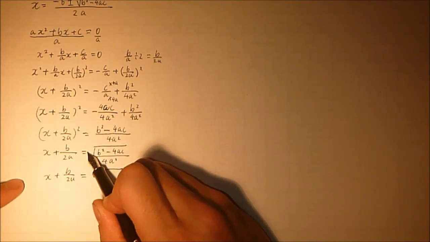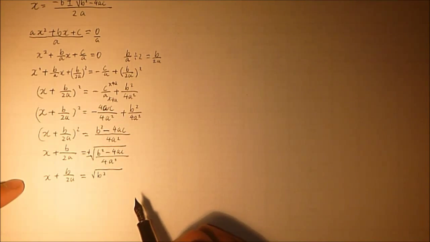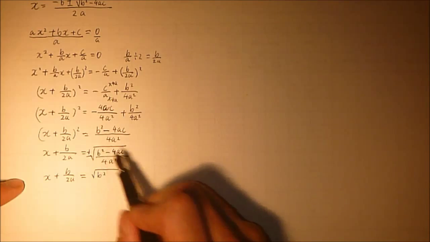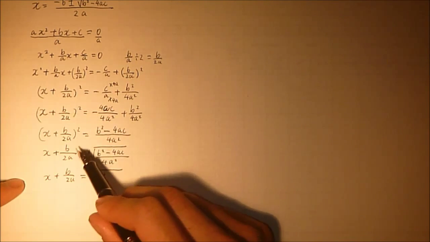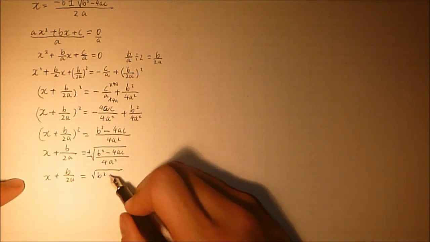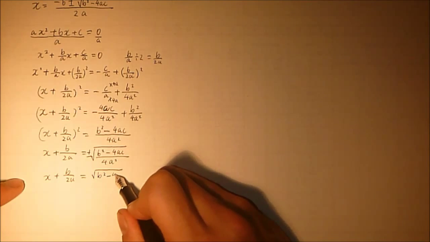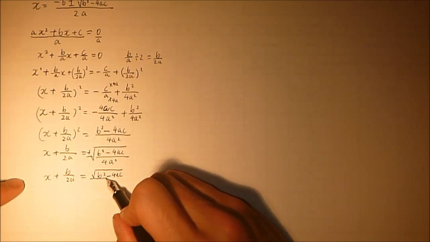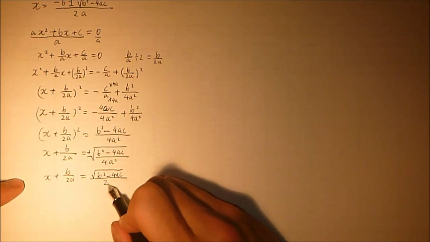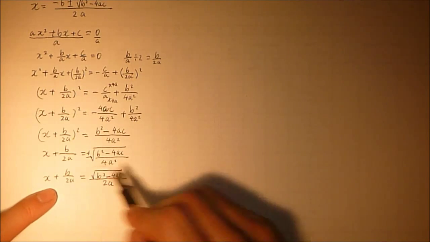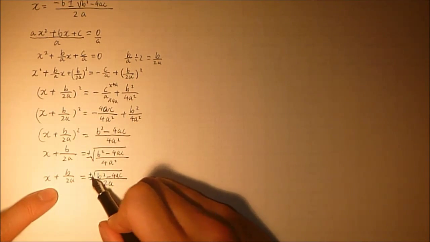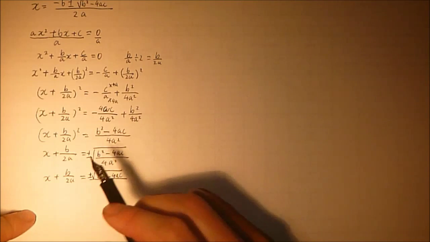So make sure you remember that this is in fact positive and negative because it's the square root. Minus 4ac over 2a, and we just have to shift the b over 2a to the other side.